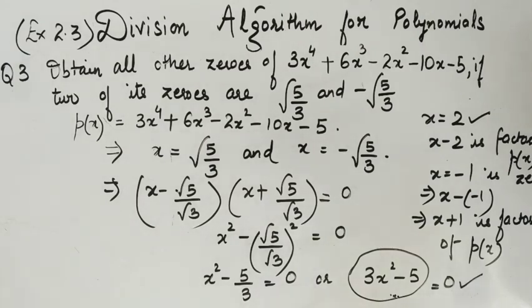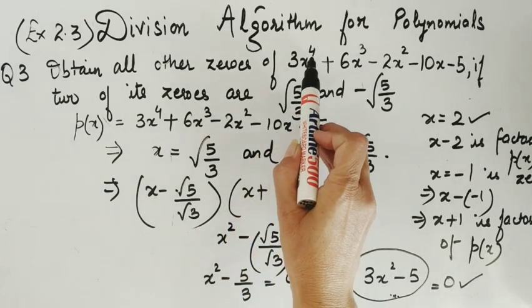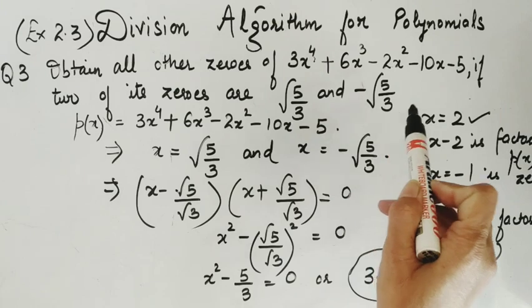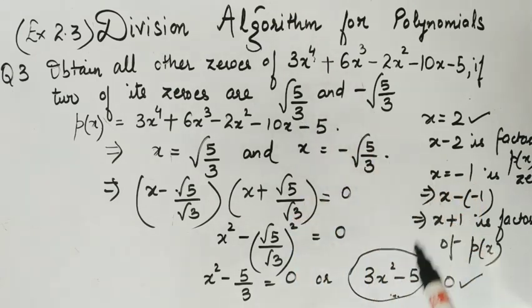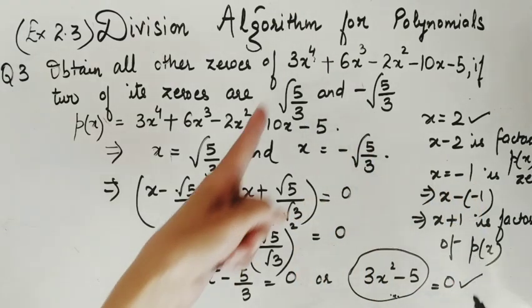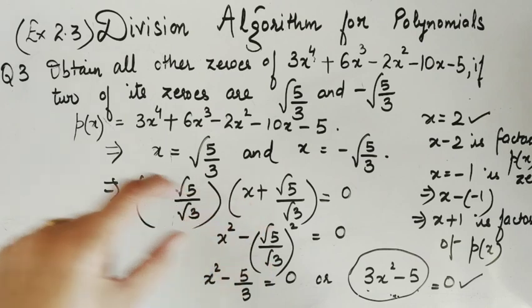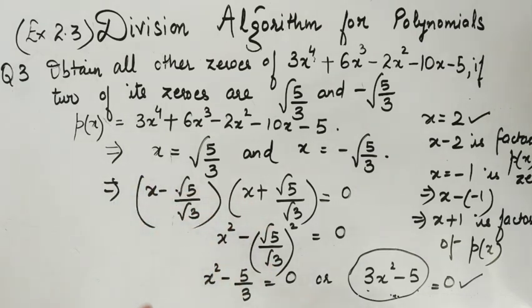Now why do I say 2 more zeros? Since it is a biquadratic polynomial, 2 zeros are already there. These were given. 2 more would be found, because a biquadratic when divided by a quadratic would give you a quadratic polynomial in the quotient. So that quotient would be further broken down by splitting the middle term, and we will get 2 more zeros from there. Let's see how we do it.